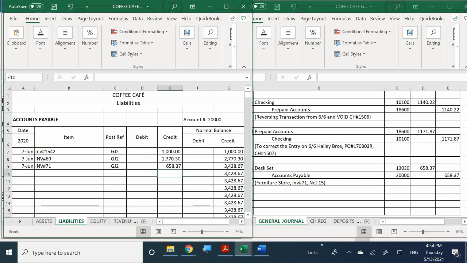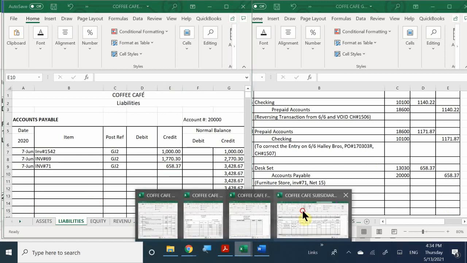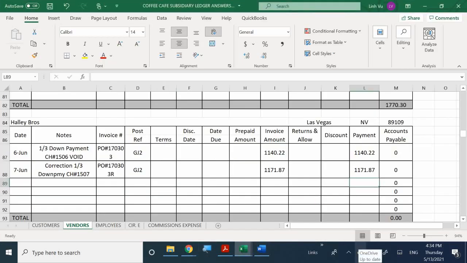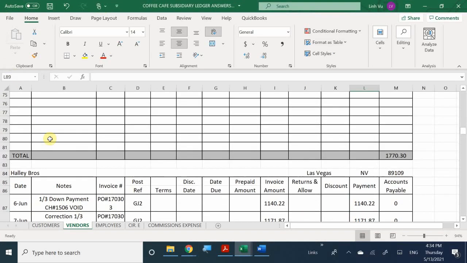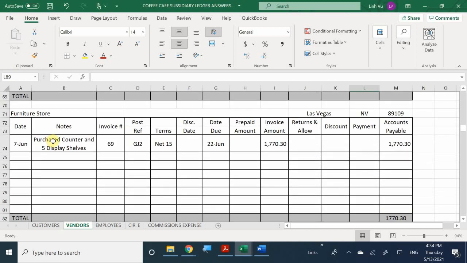So now that we have this, our last thing that we got to take a look at is now we are going to update our subsidiary ledger. Okay, because we received a bill. Okay, and it's for furniture store. So right above it, here we are, furniture store. And once again, we're going to go ahead and put the date.